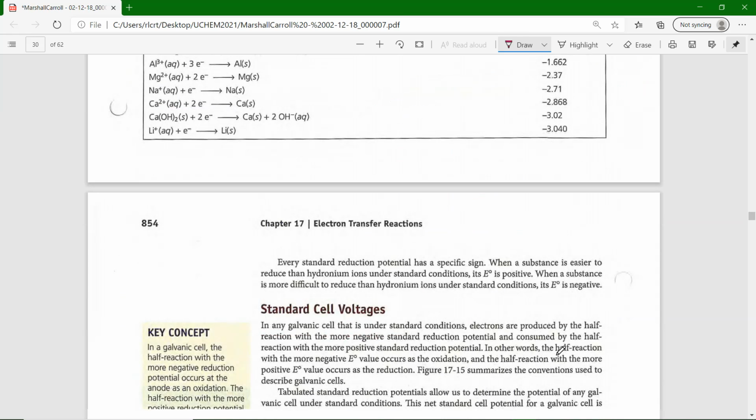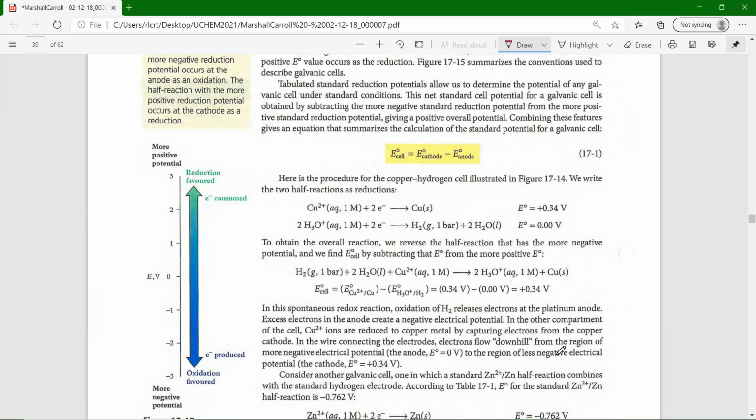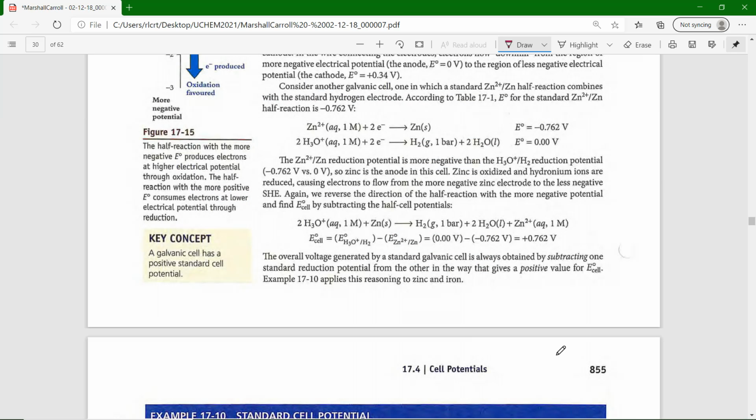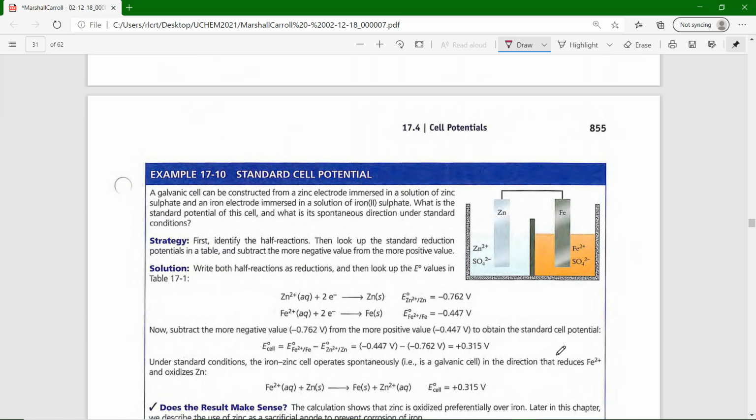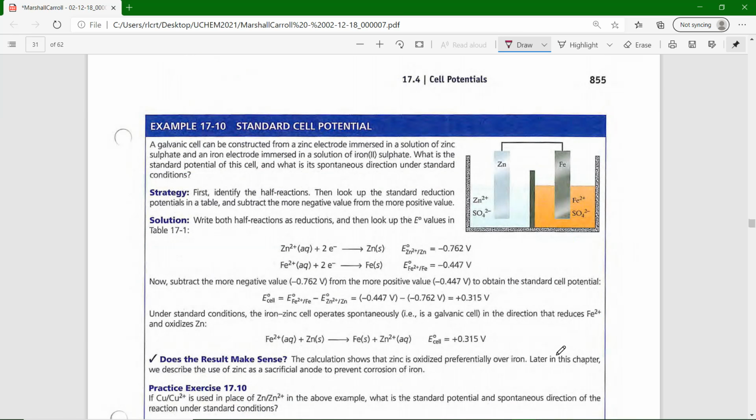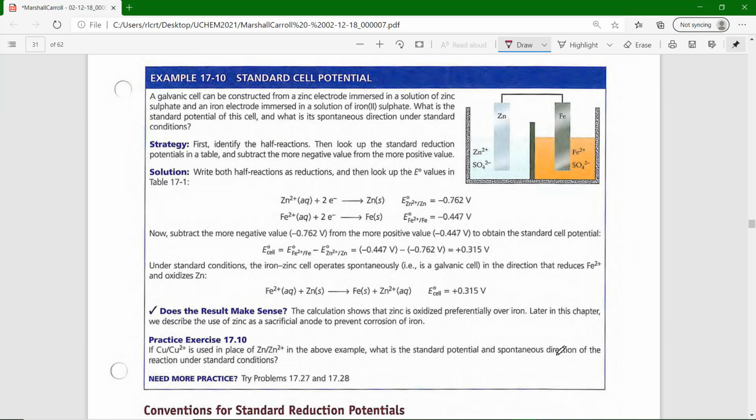Okay, and there we have a repetition of what I just talked about, so I'm not going to talk about it again, except to go straight to an example. So let's look at example 17.10, and I'm going to have to flip back and forth to table 17.1 to get through that.